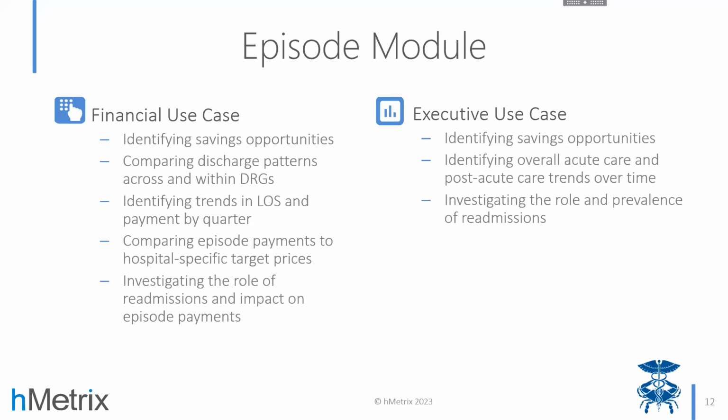There's also an ECIP view of MAID that is built exclusively around the Maryland specific episode program ECIP and its groupings. This is a place where you might look for identifying savings opportunities outside of the 4 walls of your hospital, since you're able to look at all of the post-acute care utilization in an episode for the 90 days.